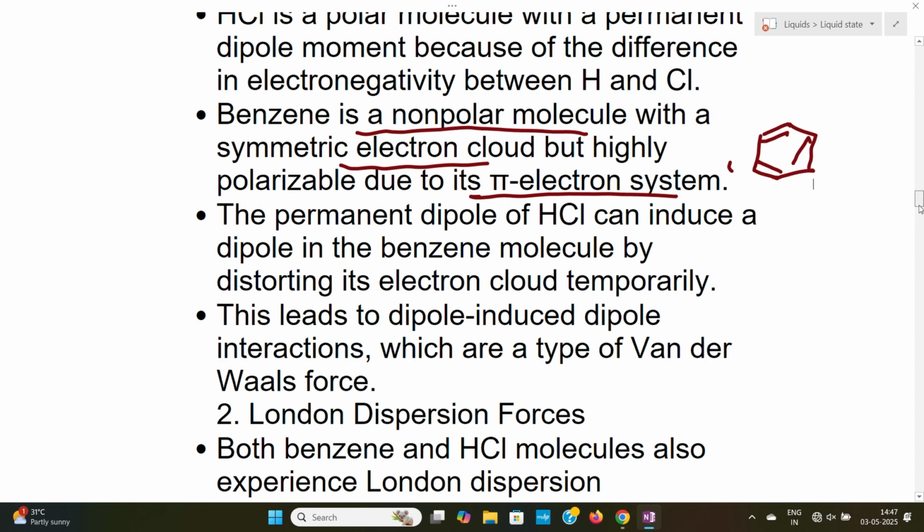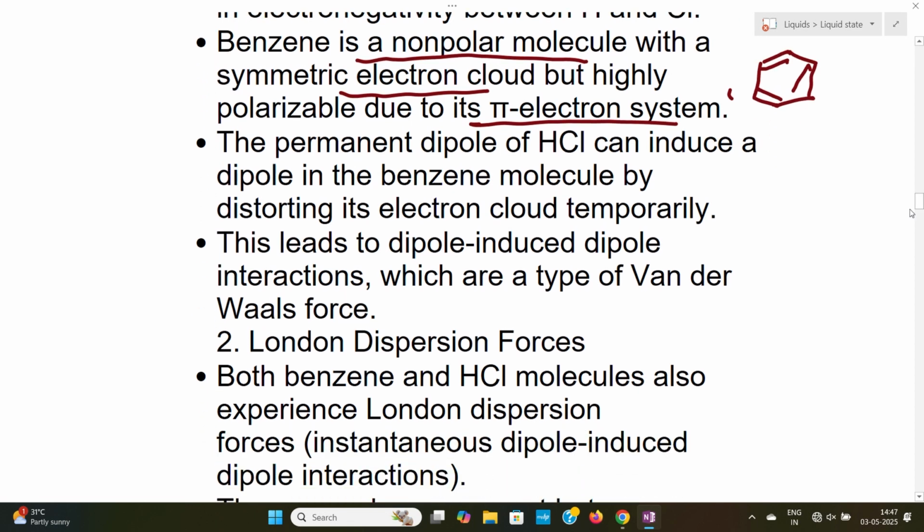Now what will happen when there is an interaction between benzene and HCl? The permanent dipole of HCl can induce a dipole in the benzene molecule by distorting its electron cloud temporarily.